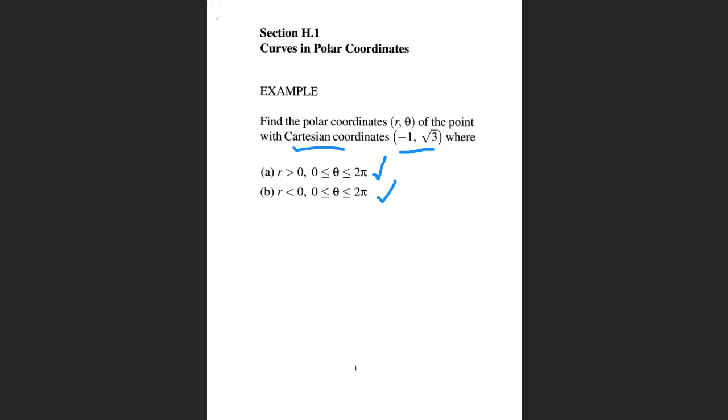What do you think would be very helpful to do this problem? What's usually very helpful in trigonometry to have? When you're doing a trig problem, what's always very helpful to have? I'll help you.